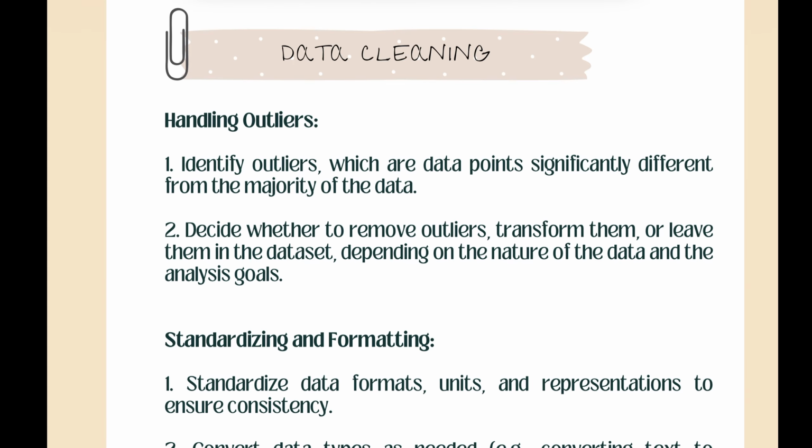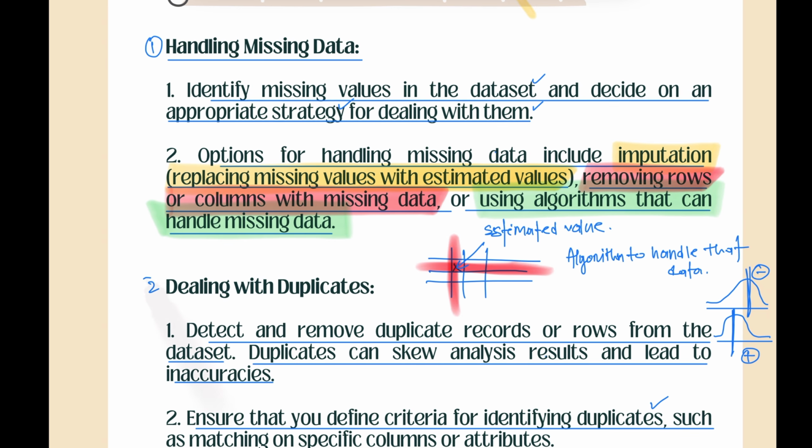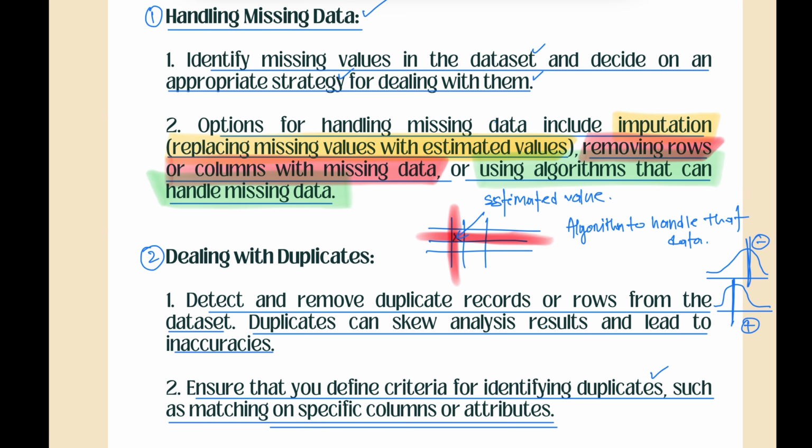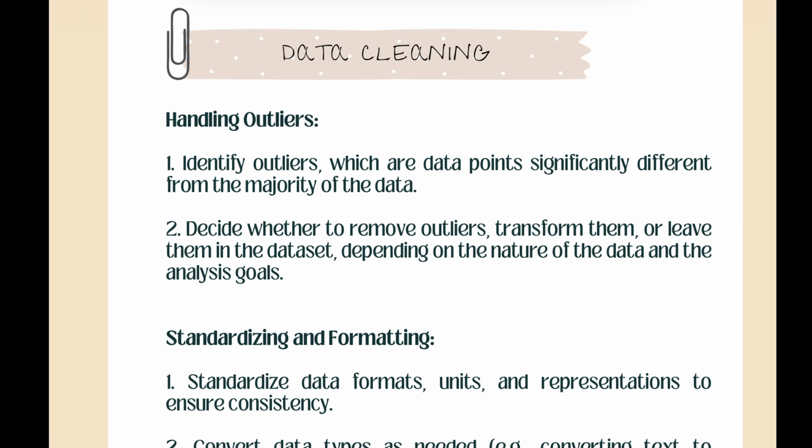Next is how to handle the outliers. You have learned what to do in case of missing data. You have learned about the duplicates in the data. Now we will learn about outliers, the third one of the data inspection part. Handling outliers: identify the outliers, which are data points significantly different from the majority of the data.